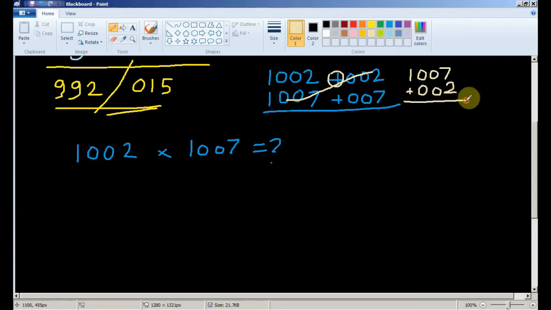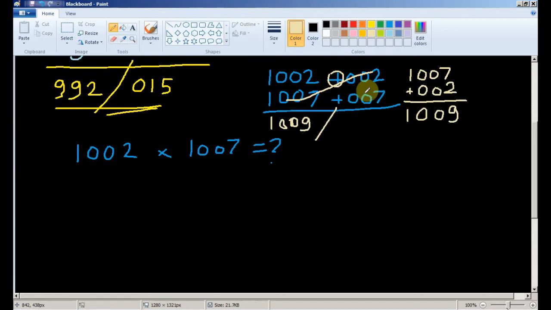This gives the result 7 plus 2 is 9, so 1009. That's your first number. So you can simply write down the solution: the first number is going to be 1009.